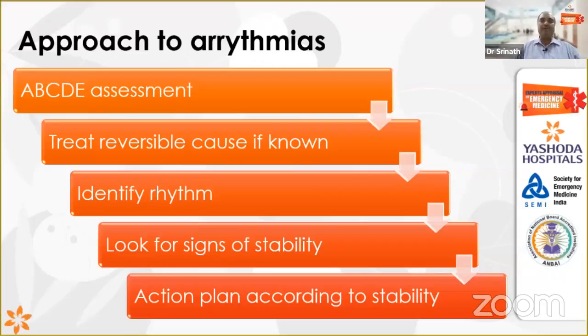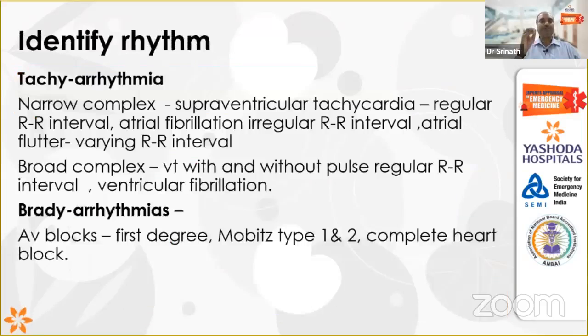The simple example of narrow complex tachycardia is supraventricular tachycardias. Irregularly irregular is your atrial fibrillation or atrial flutter. Your simple regular tachyarrhythmia is your ventricular tachycardia, where the RR interval is regular. So these simple things you have to keep in your mind.